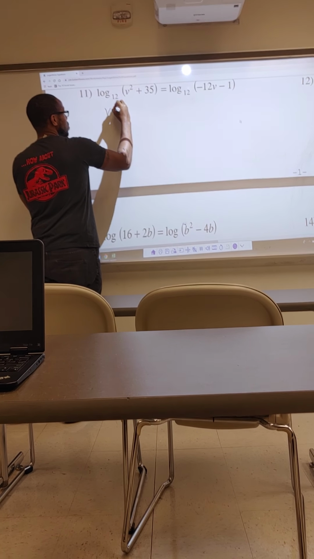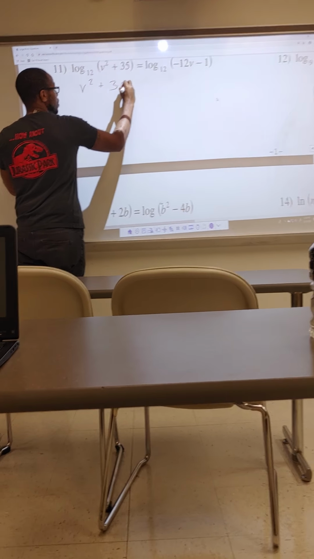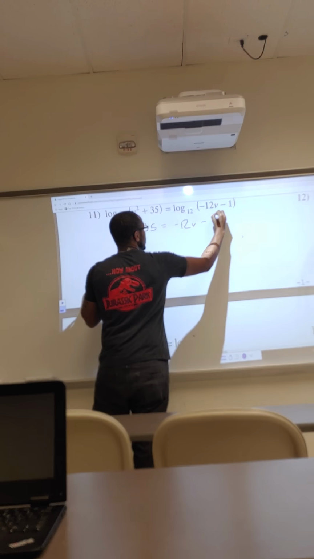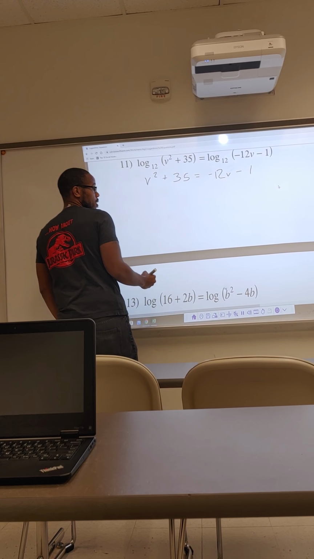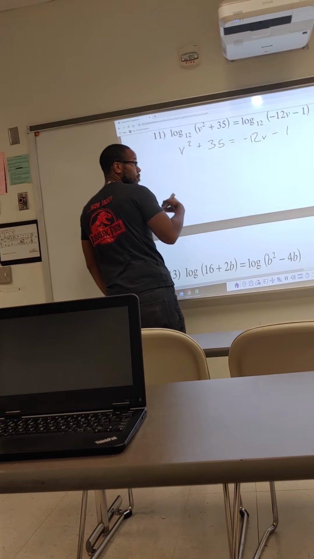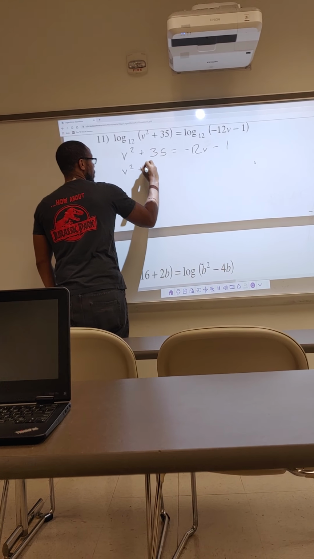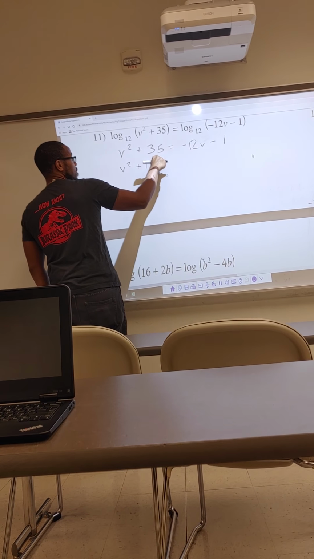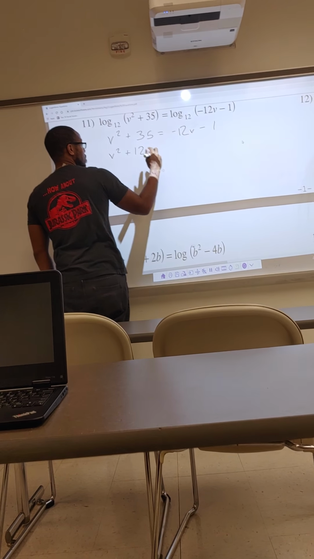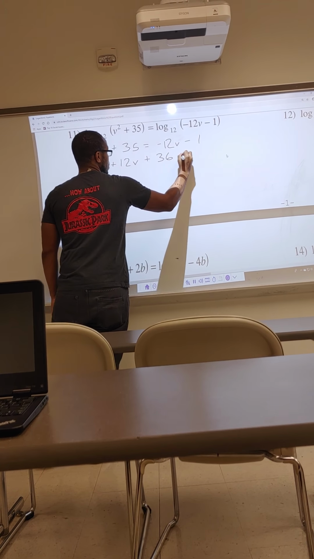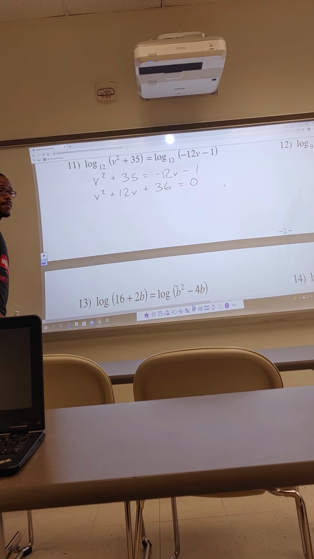And we end up with v squared plus 35 equals negative 12v minus 1. Okay? Let's write this in the quadratic form that's set equal to 0. So we'll end up with v squared plus 12v, and this 35, I can simply add 1 to it, and that will be plus 36 equals 0.